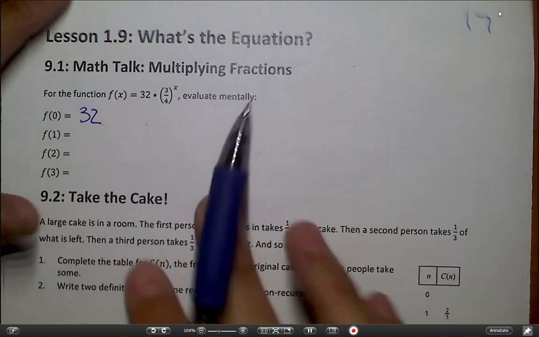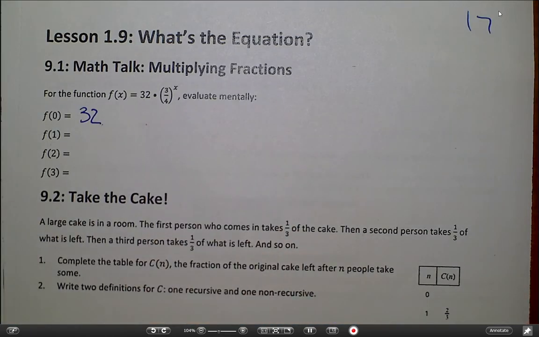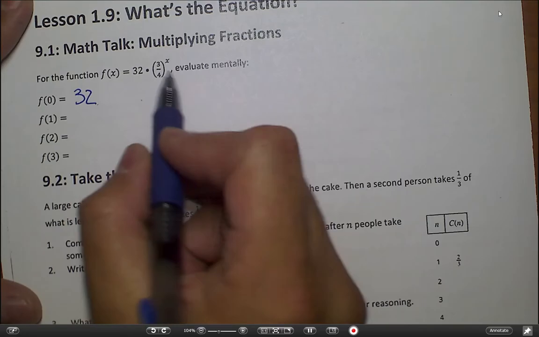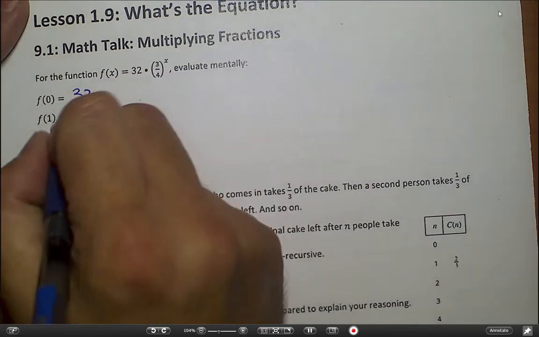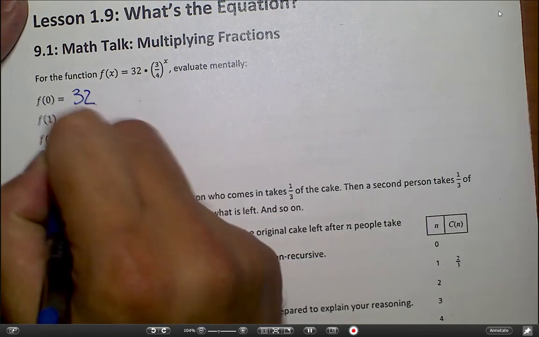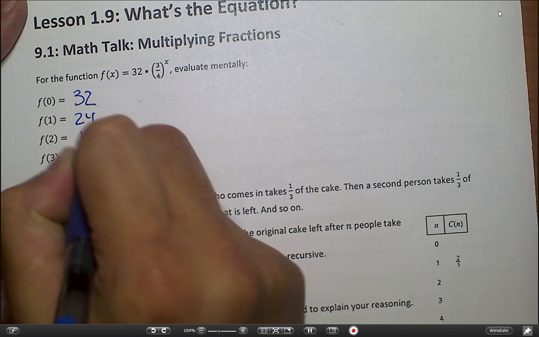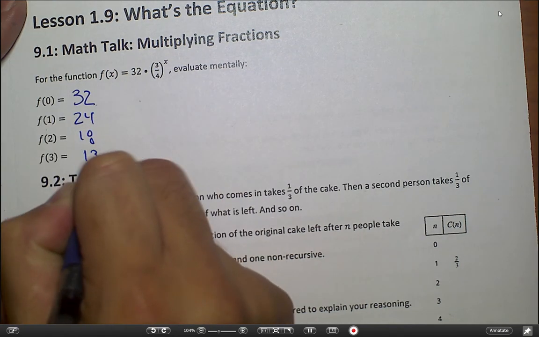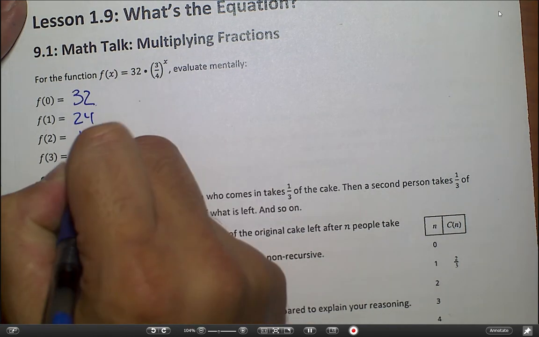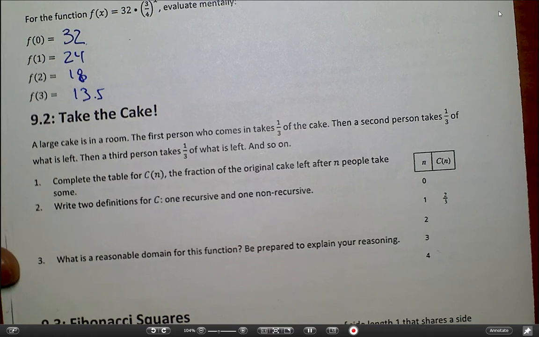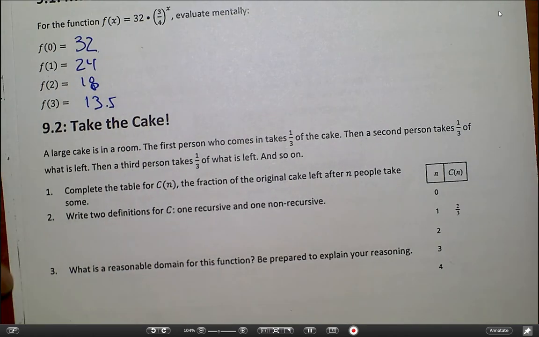A lot of people missed that one. So it's a 1 times 32. Then f of 1 was, f of 2 was, and f of 3 was 13.5. Very good.